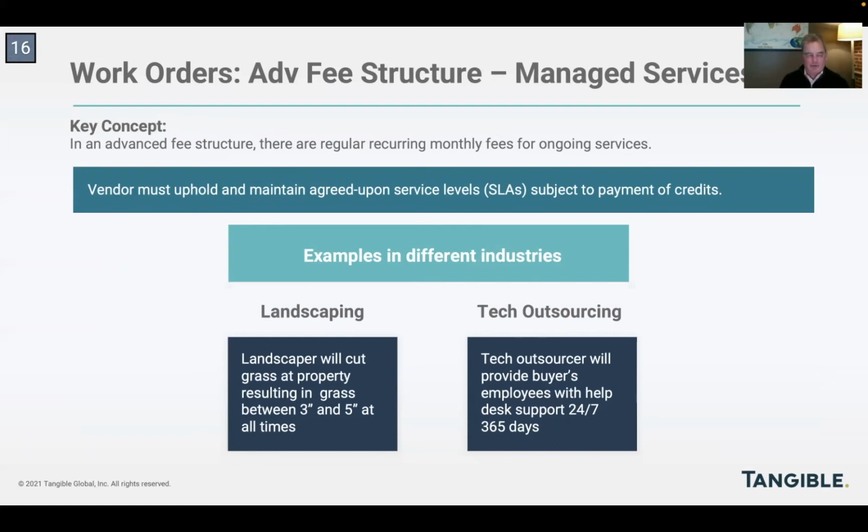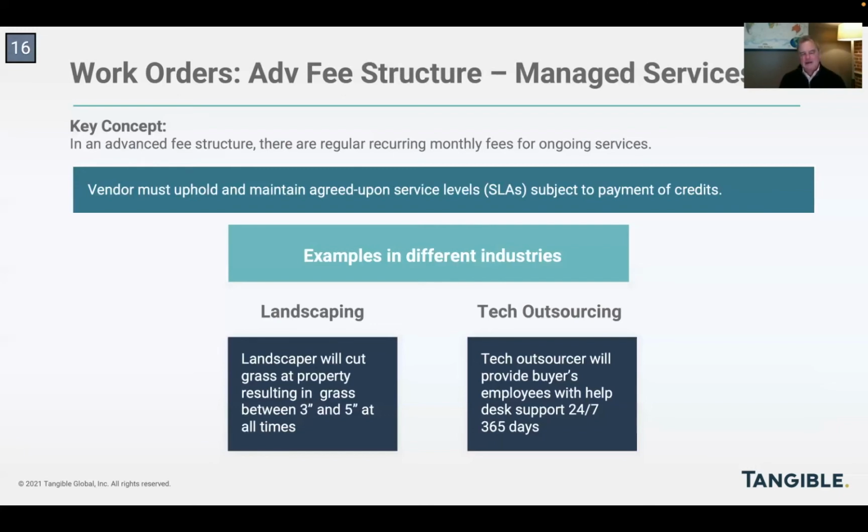Here in our example, the landscaper agrees to cut grass on a particular cadence, subject to certain service levels, also a common feature of these managed service orders. In other words, the vendor agrees to perform according to certain performance metrics, and if they fail to meet those metrics, they'll pay a service credit of some kind.